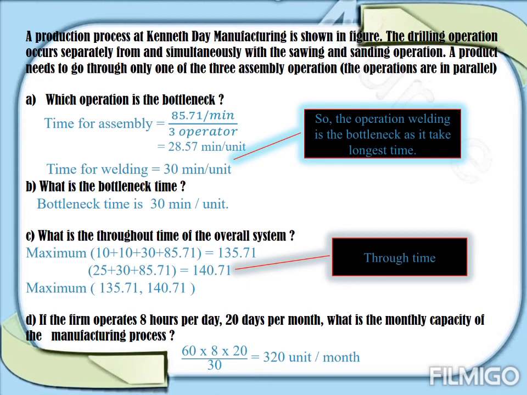So it means 60 minutes times 8 hours times 20 days, because there are 20 days per month, then divided by 30, the bottleneck time. So 60 times 8 times 20, divided by 30, gives us 320 units per month.